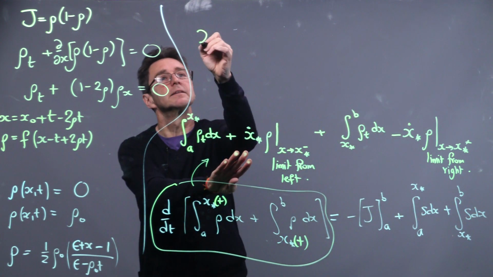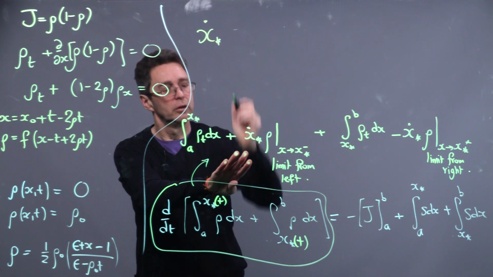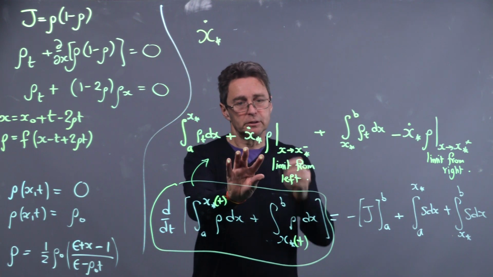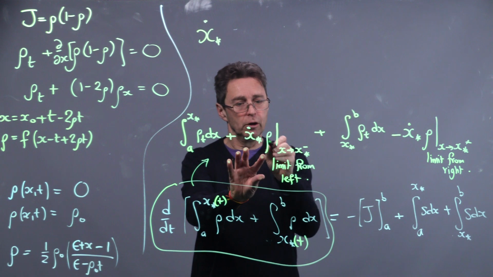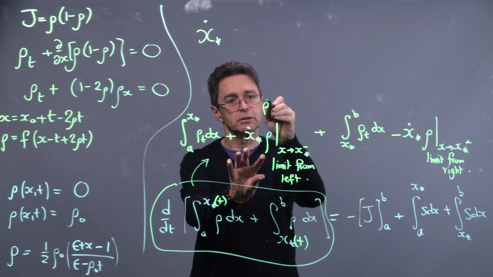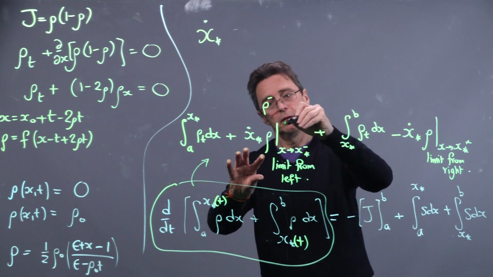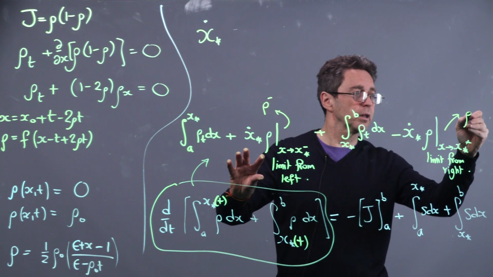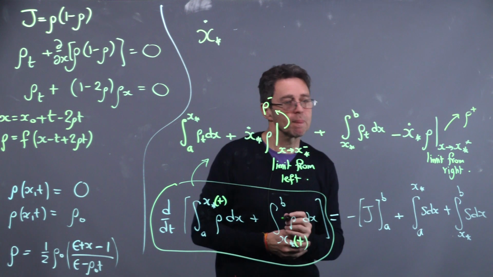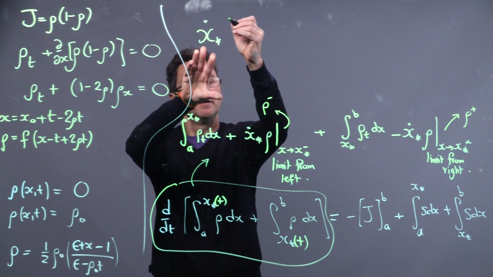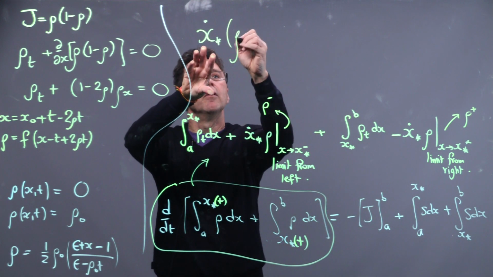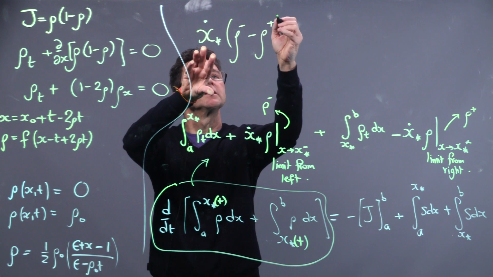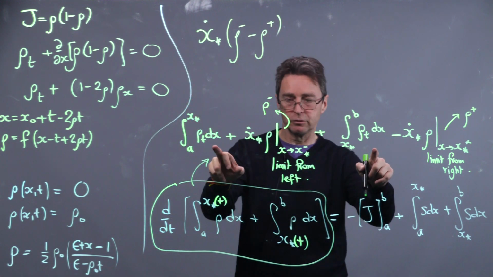Well, I get x star dot. Now, let's use some more notation. It's rho at x star with a minus sign, let's just call that rho minus. And this is rho at x star with a plus, let's call that rho plus. So this is going to be x star dot times rho minus minus rho plus.